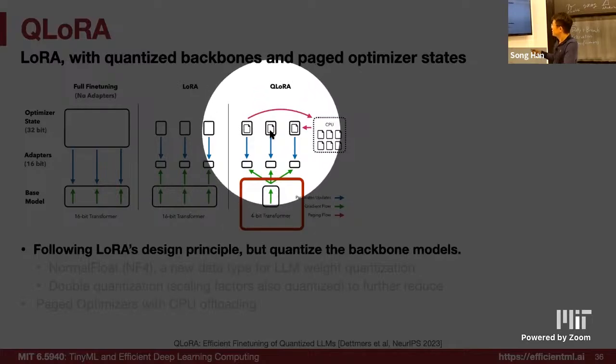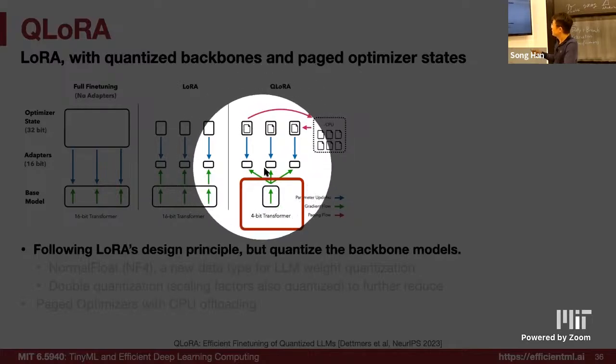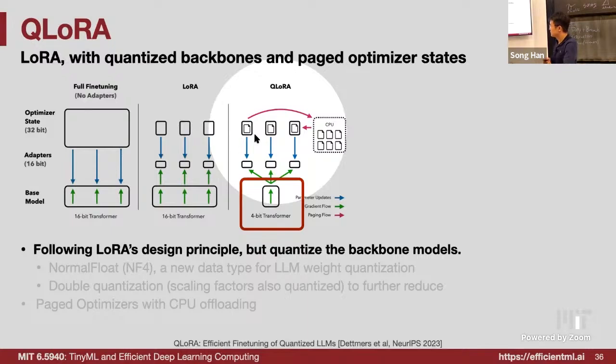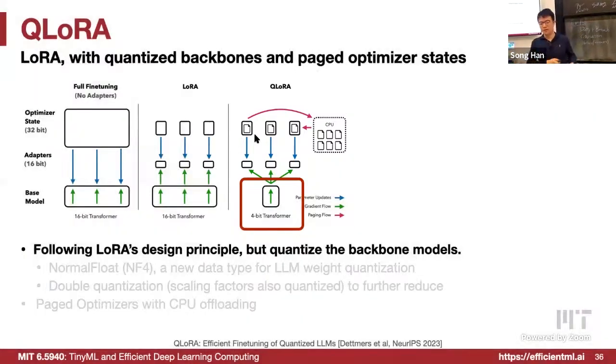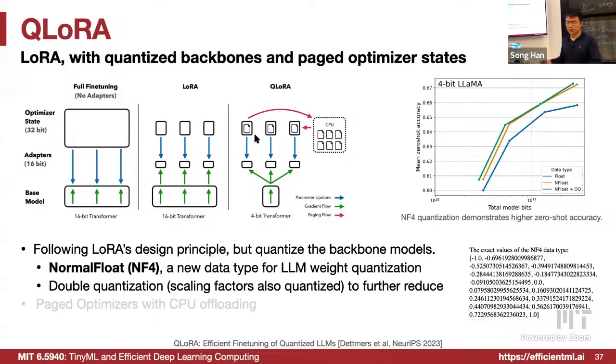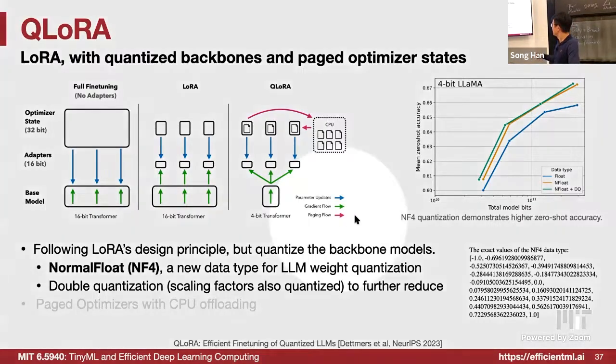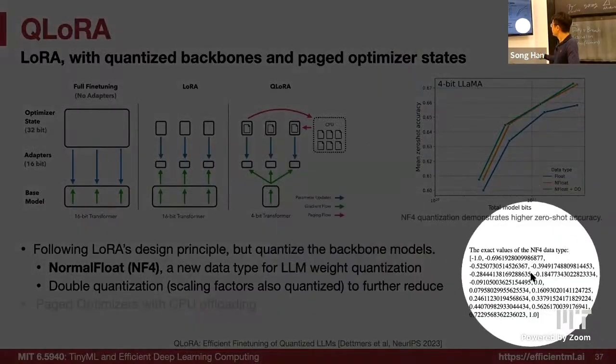And then same as LoRA, you have a very lightweight adapter branch to tune. So following LoRA's design space, the difference is now we also quantize the backbone model to 4-bit. This paper introduced a NormalFloat 4 (NF4) new data type for LLM weight quantization. The centroid is not learned, but fixed. These are the magic numbers in the centroid.